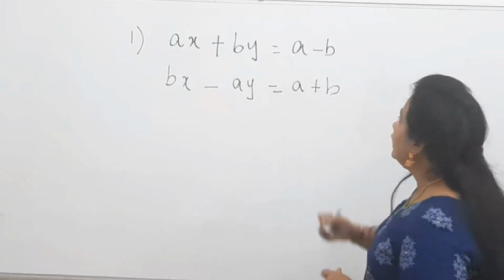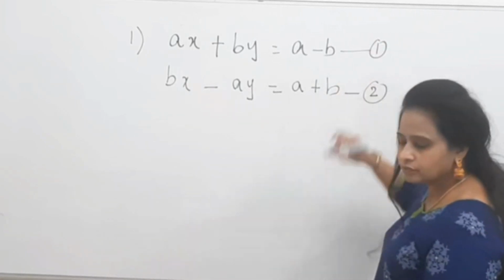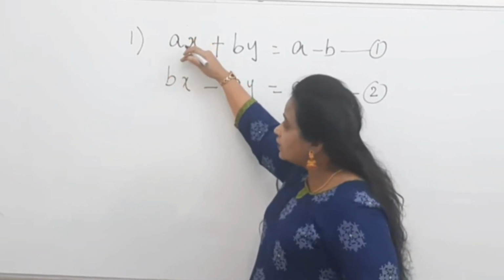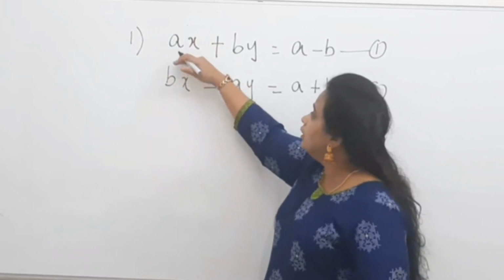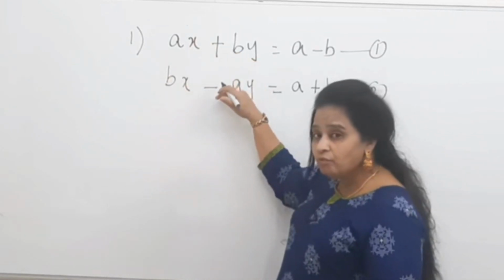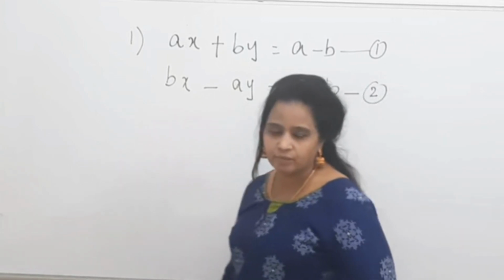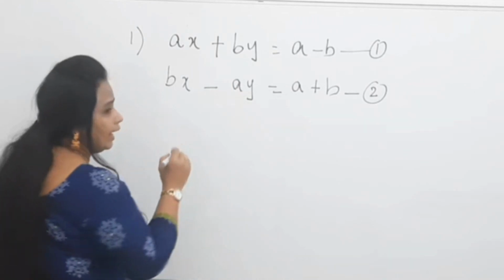The first step, name the equations 1 and 2. Since the coefficients of x are not the same, we have to make them the same, just by multiplying.